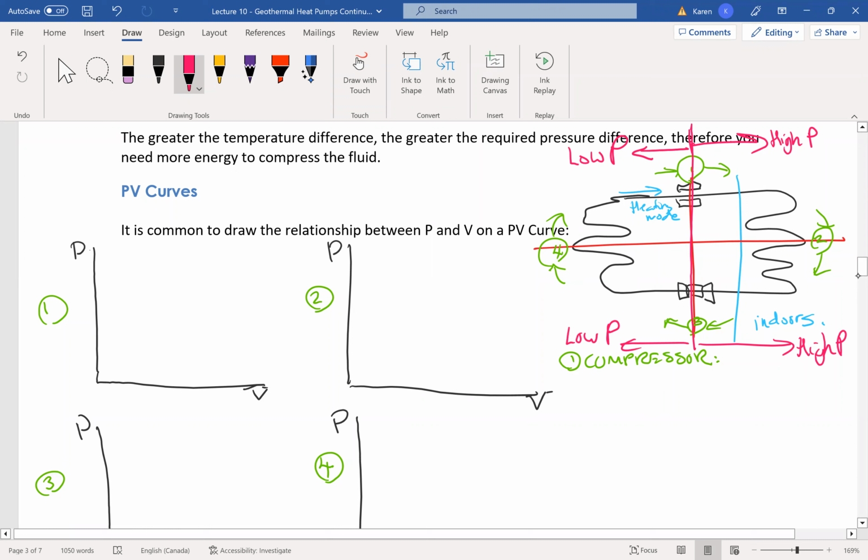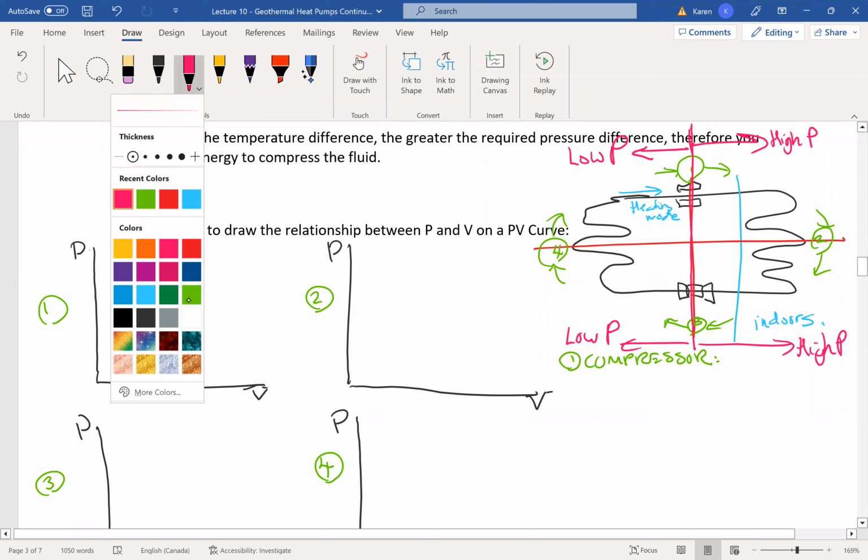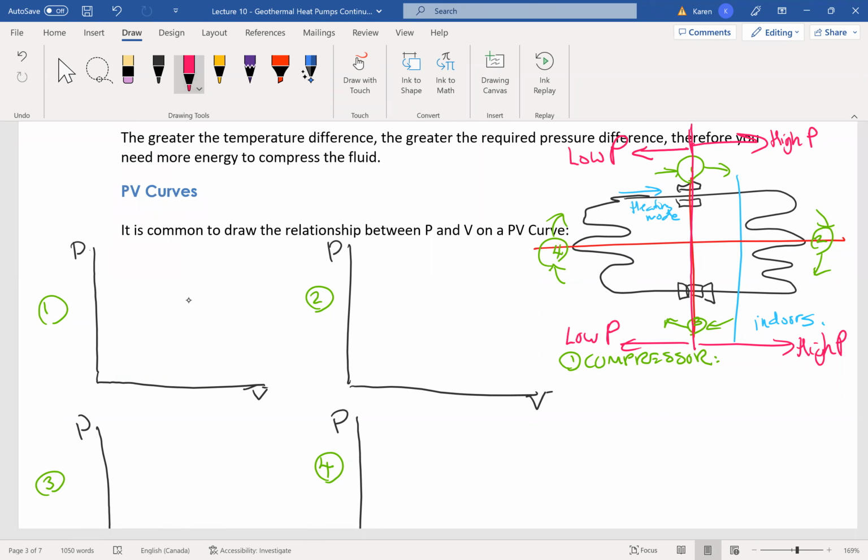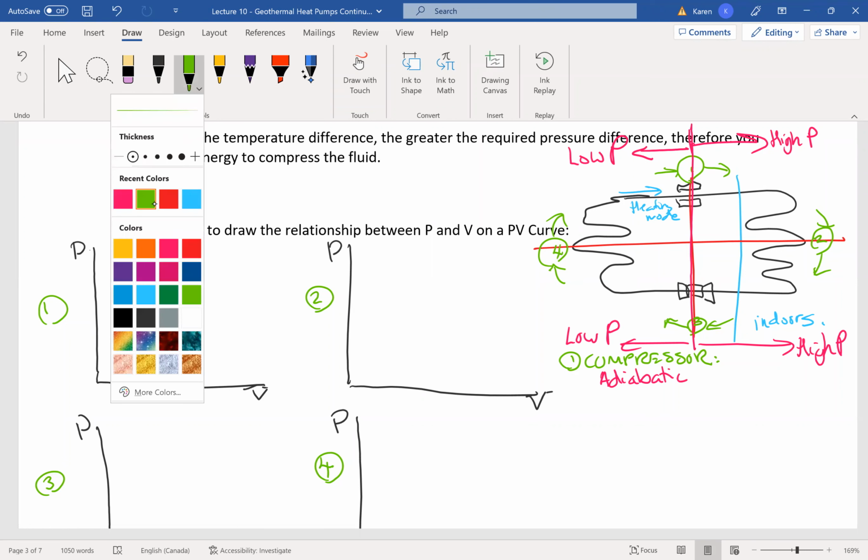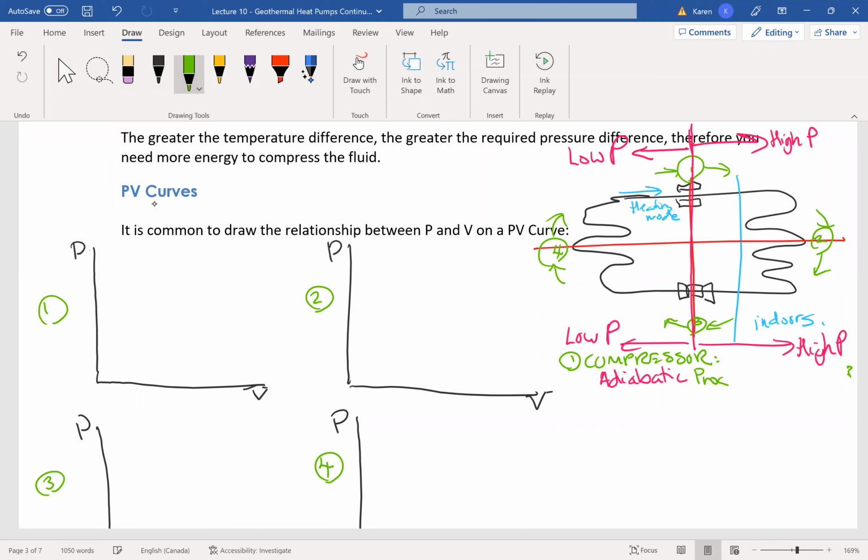So across that compressor, what it's called is called an adiabatic process. An adiabatic process, anybody know what that means? It means no something is exchanged with the surroundings.